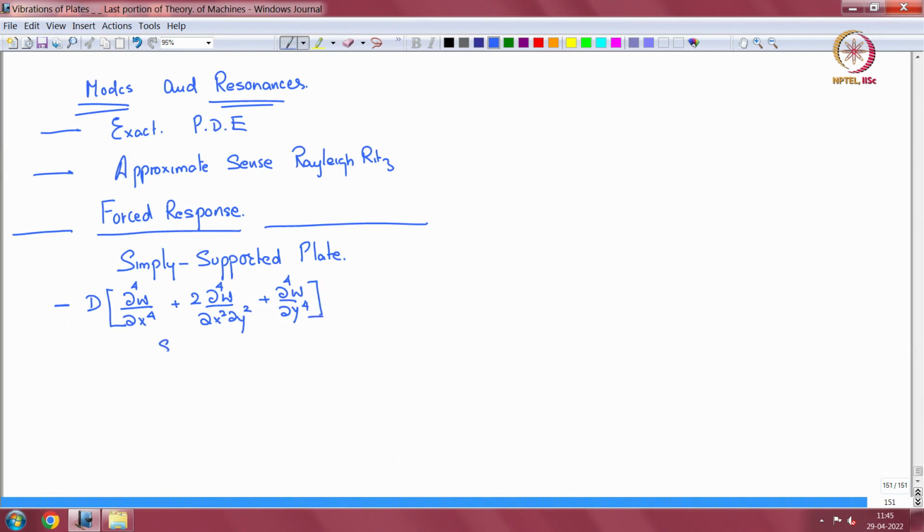This is the spatial operator. Let me call it L3, 3 because it is in the transverse direction, minus rho h w double dot is 0.